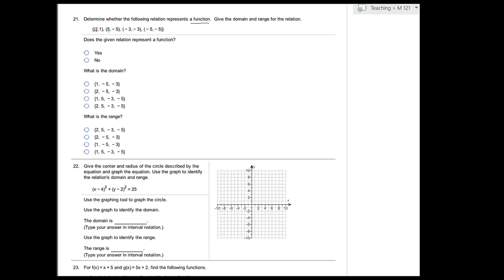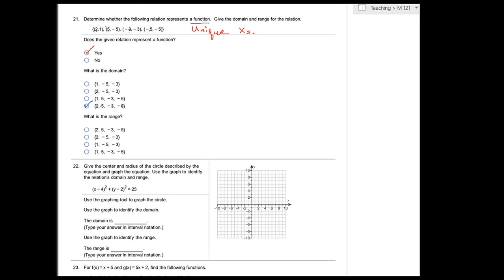No. Is there another 5? No. Another negative 3? Nope. Just the negative 5. So we have unique x's, we'll call them. So yes, it represents a function. What's the domain? 2, 5, negative 3, negative 5.